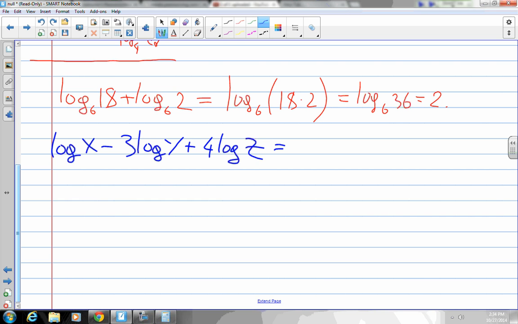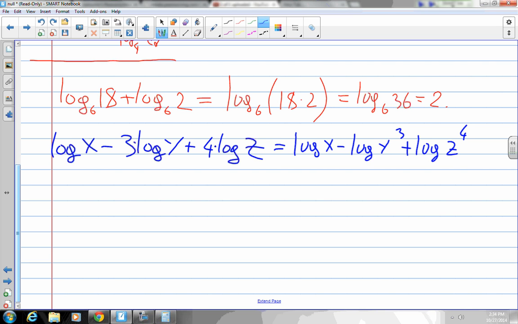Well, order of operations tells me to first multiply 3 by log of y and 4 by log of z. And the only way I know how to do that, I can toss those constants back on top as an exponent. So really, I'm doing everything backwards. This becomes log of x minus log of y cubed plus log of z to the power 4.